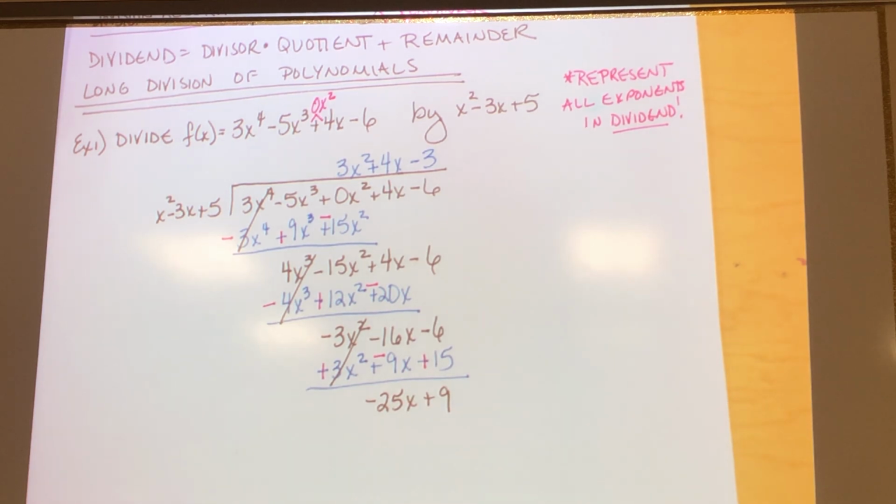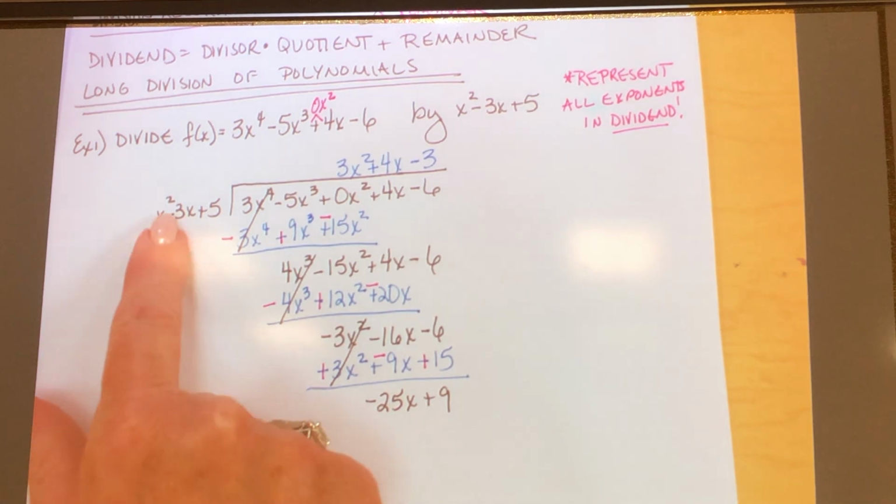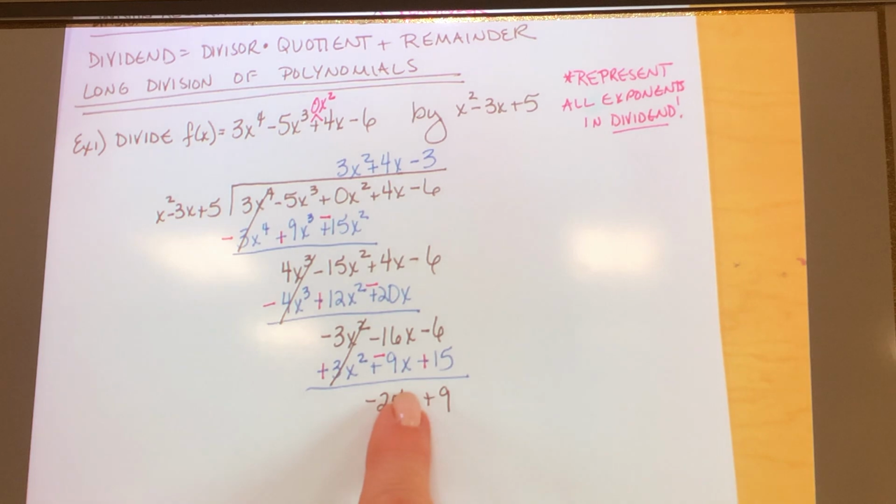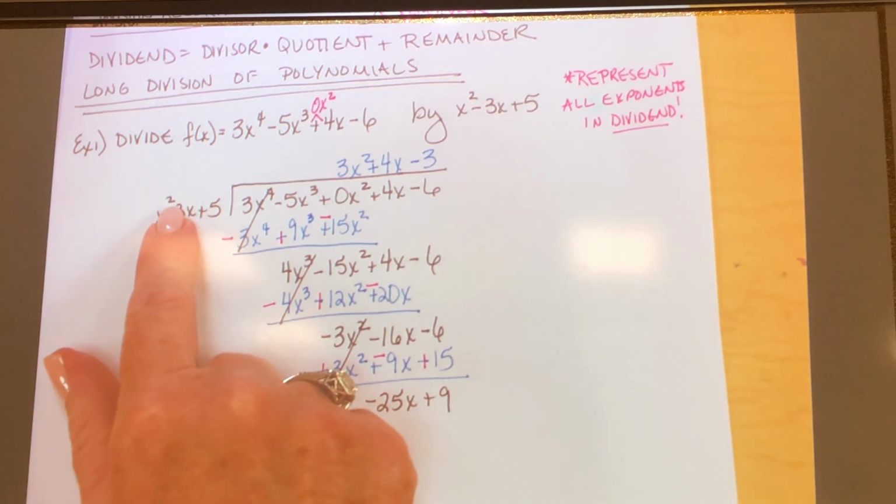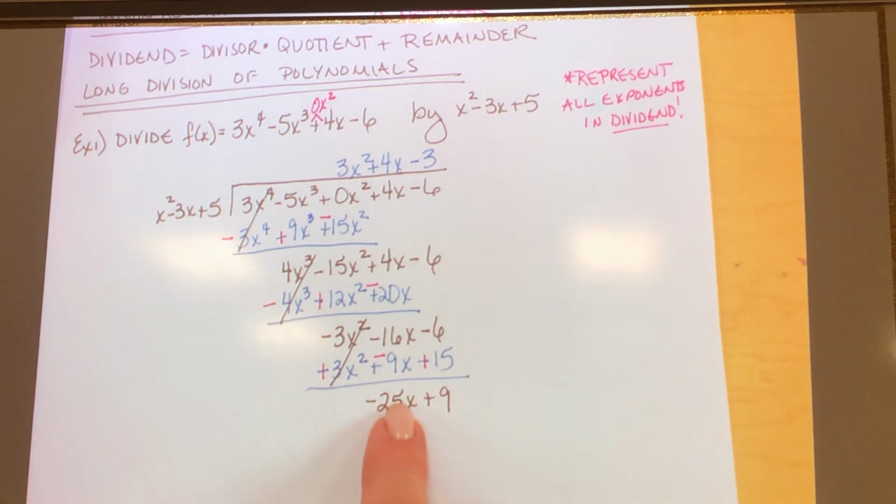You can't multiply anything by the x squared to get the regular x. Tell me about this exponent and this exponent. Yeah, y'all, when this exponent is bigger than this guy, you gotta stop.